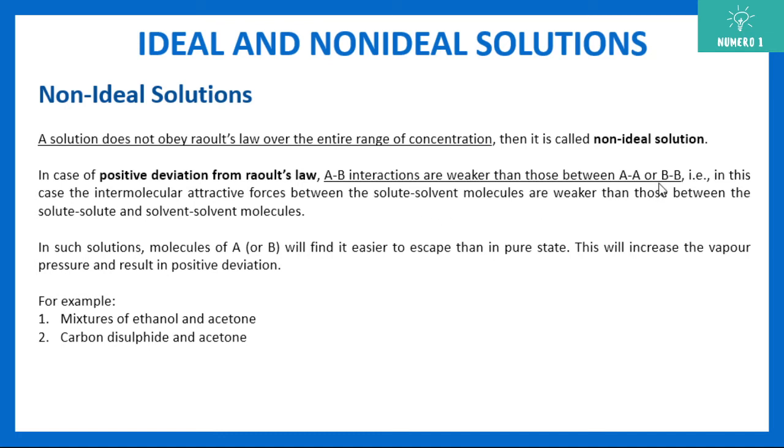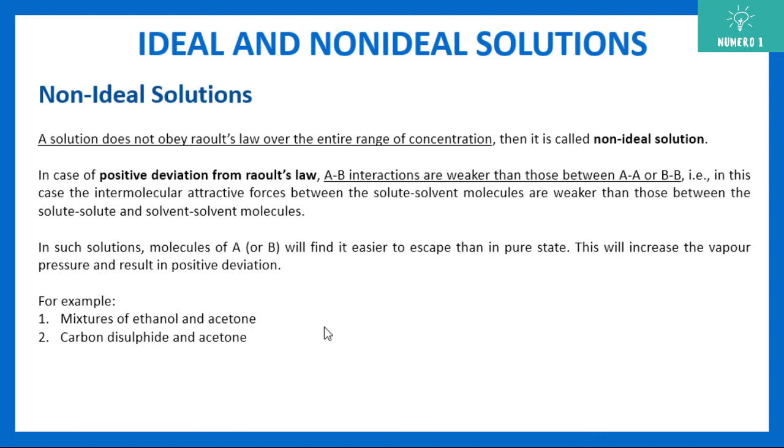Very important: they are actually trying to stay in the gaseous state. So in such solutions, molecules of A or B will find it easier to escape, as in the pure state, that is in the gaseous state. That's why this will increase the vapor pressure and results in positive deviation. Examples are very important from the exam point of view: ethanol and acetone mixture, carbon disulfide and acetone mixture.